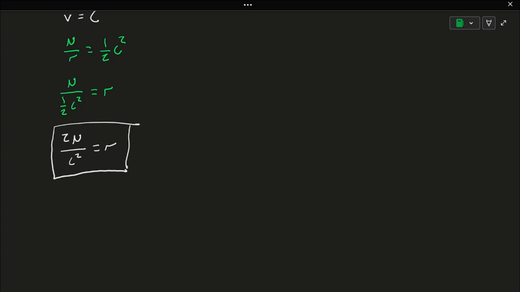So for reference, this is the minimum escape velocity. So we can go greater than this and still escape. So if r is greater than or equal to 2 mu divided by c squared, then light escapes.